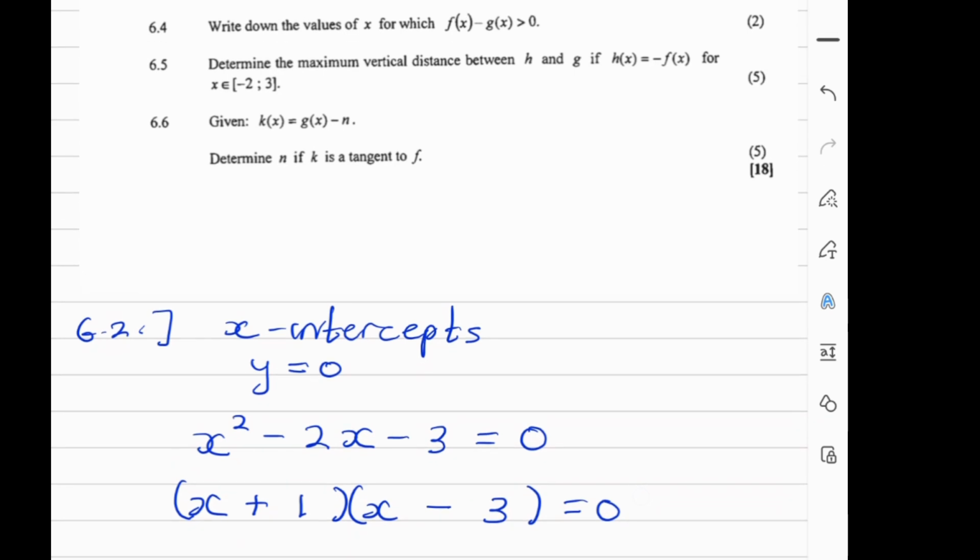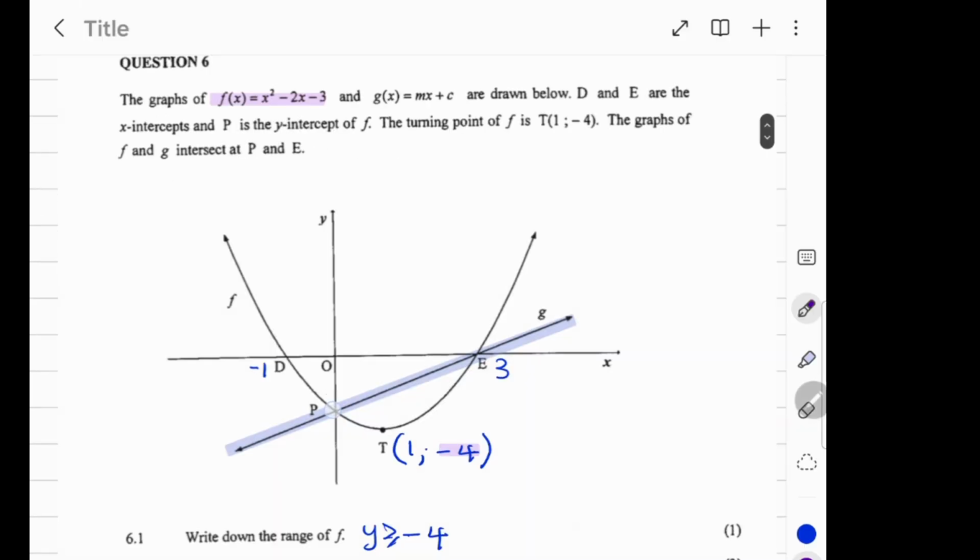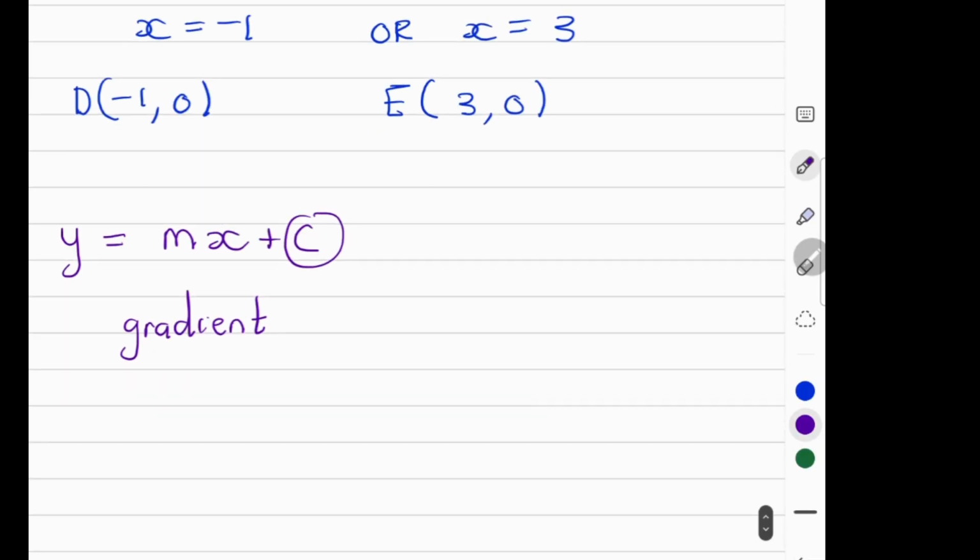The y-intercept of g is this point here P, which is the same y-intercept of f(x), which is -3. So we can immediately say that c is equal to -3.